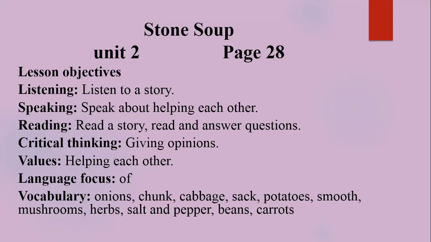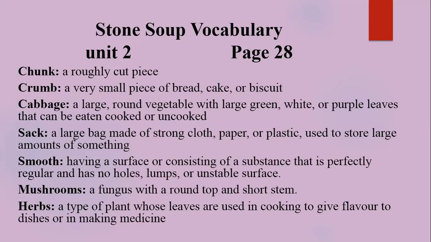In the vocabulary section, we discussed these vocabulary words. First of all, chunk, a roughly cut piece; crumb, a very small piece of bread, cake, or biscuit; cabbage, a large round vegetable with large green, white, or purple leaves that can be eaten cooked or uncooked.